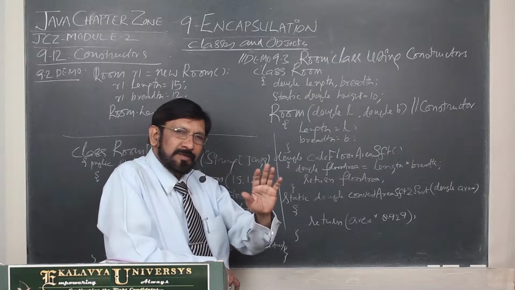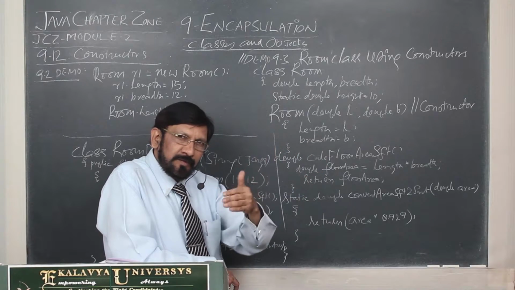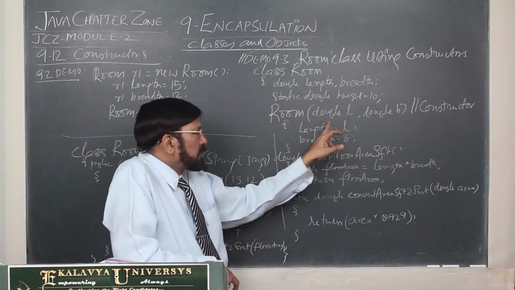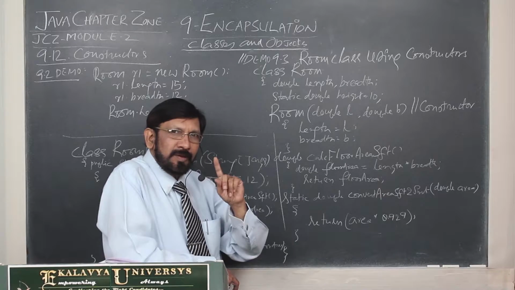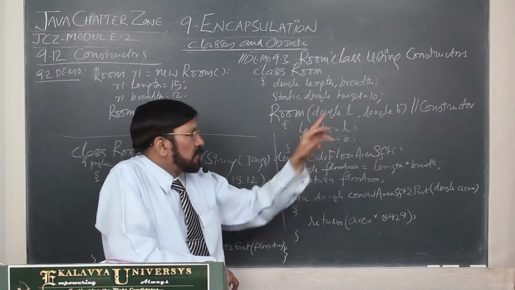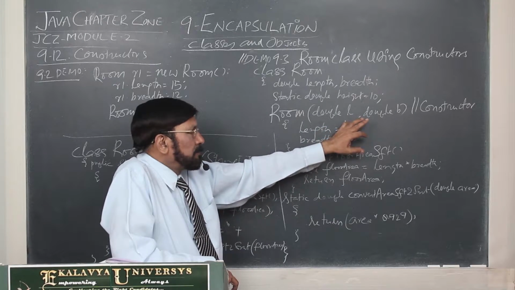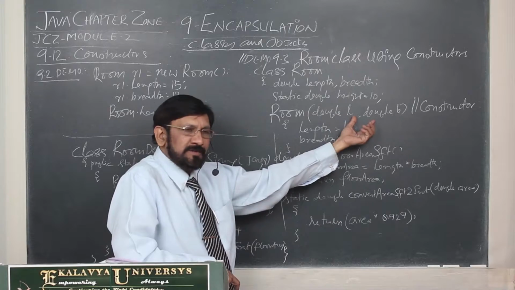Always remember your liver or heart or kidney. They take whatever inputs they require, but the mouth takes input from outside. So this is like the mouth of the person. Then we give parameters.